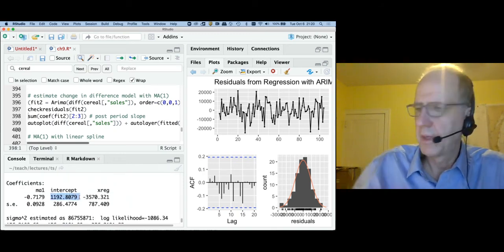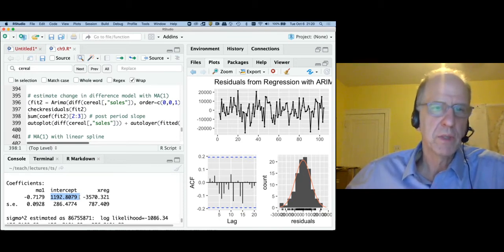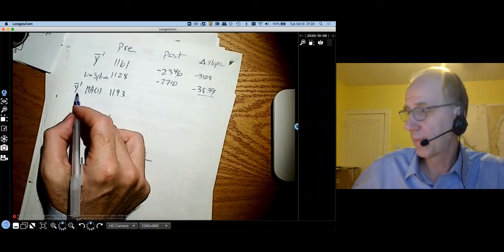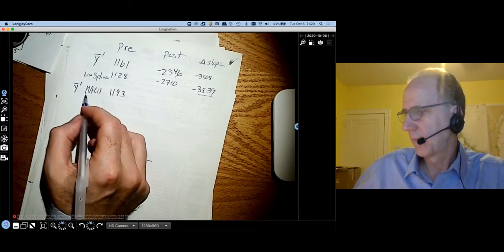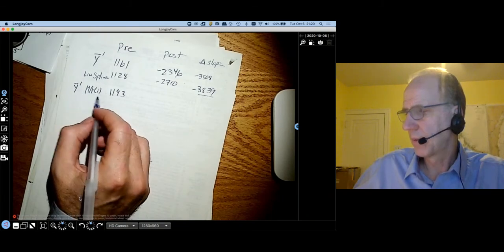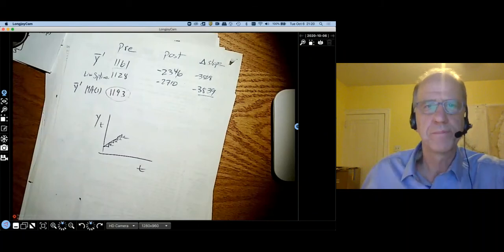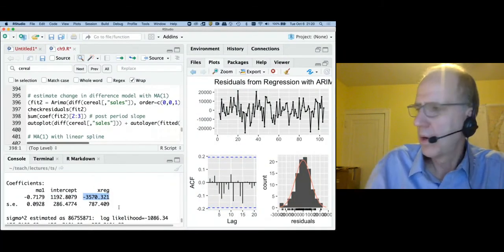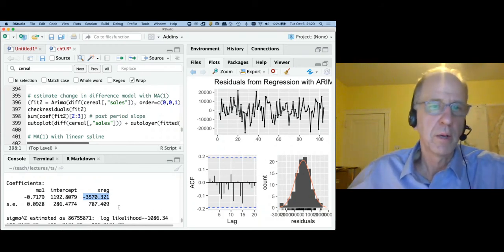This intercept is going to be a better estimate of the difference in the pre-period. So let's call that 1193. So y bar with differences. It's the average of the differences with an MA1 model, and you'll see that's fairly similar to what we had before. This xreg coefficient says, how will this mean change when I go to the post period?